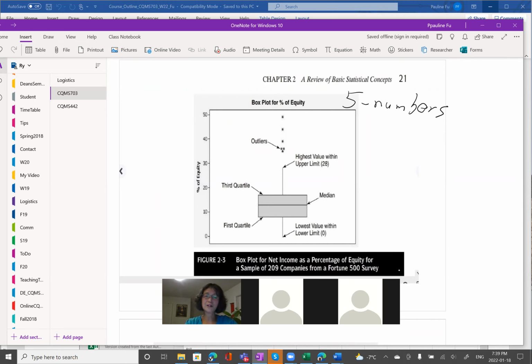Those 5 numbers are the minimum number, the maximum number, and the first quartile, Q1. The median is the second quartile, Q2. Third quartile, Q3. So those are the 5 important numbers: minimum, maximum, Q1, Q2, Q3.